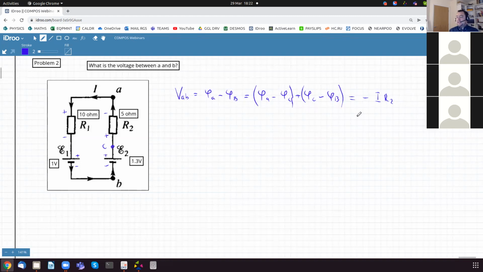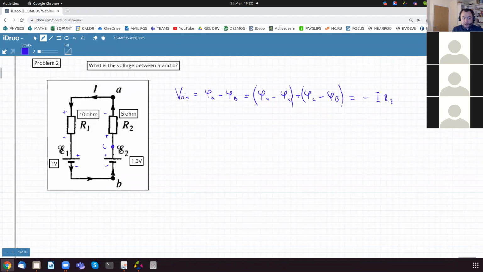Do you understand why minus? Or 1 for yes, 0 for no in the chat, please. Do you understand why minus? Because the resistor decreases potential along the flow of the current.